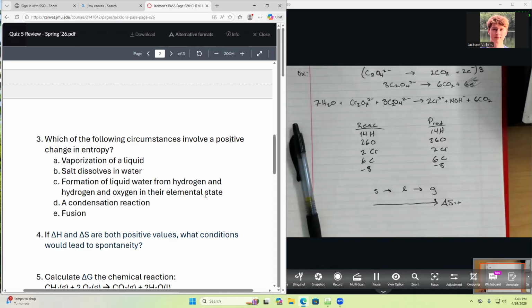Entropy is the definition that Google will tell you doesn't make a ton of sense to me. It says the amount of disorder in a system. And that doesn't mean a whole lot to me. I think of it as how rapidly and wildly the particles are moving, pretty much. Like, if you think about something like a solid, those particles are really contained.